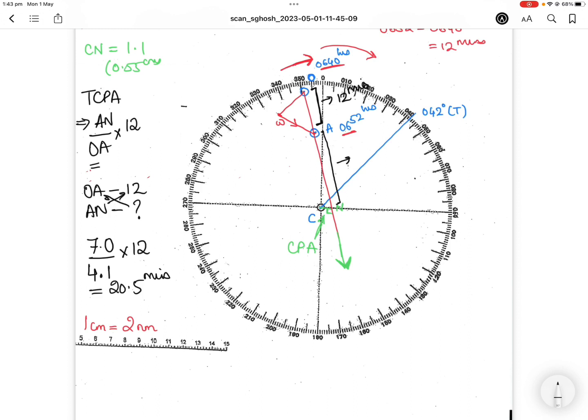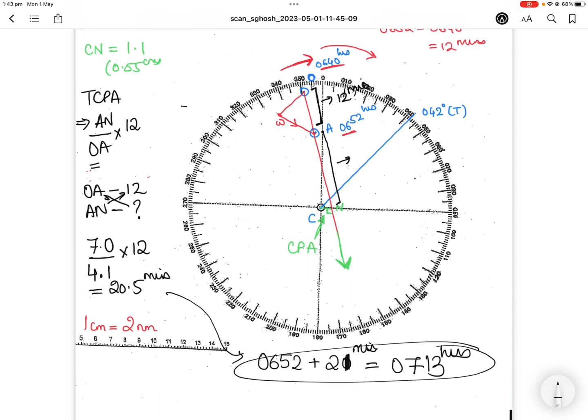It will take the target vessel 20.5 minutes to cross you. Now remember that 20.5 minutes is from 0652, when you last observed the vessel. Let's make it 21 minutes for ease. So your vessel and the target vessel will cross each other at 0713 hours.